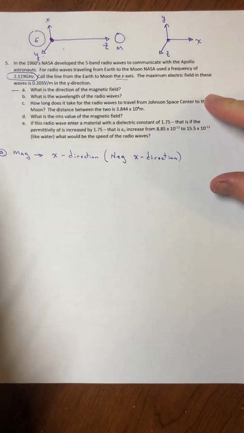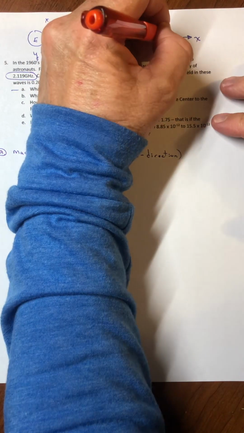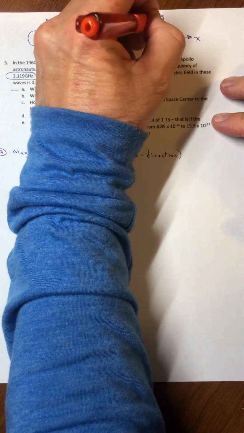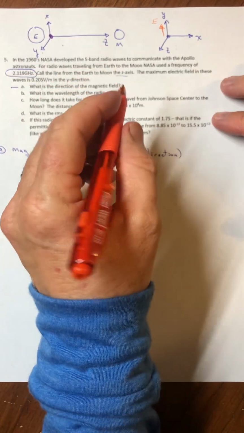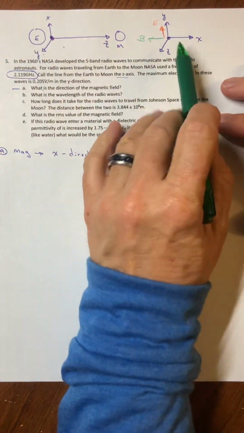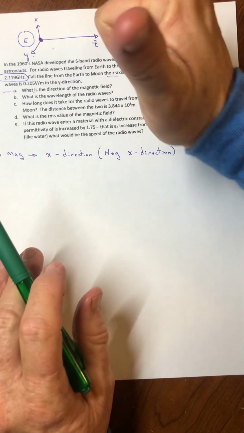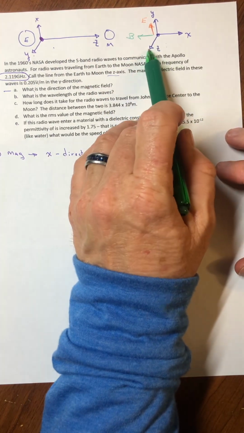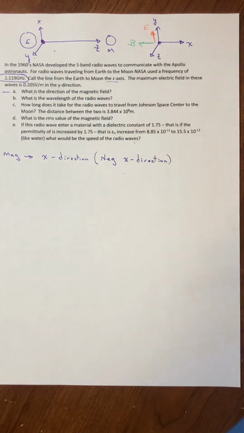So if the electric field is in this y direction, then the magnetic field would have to be in the negative x direction. So when I do a right-hand rule, I would get my thumb pointing in the z direction, which they say is the direction to the moon.